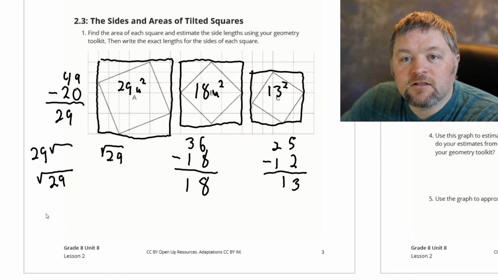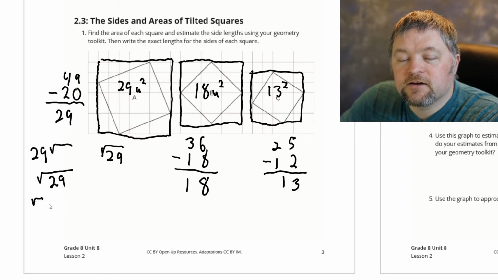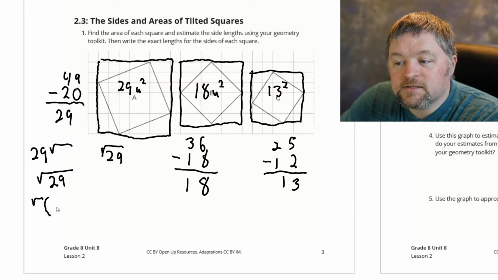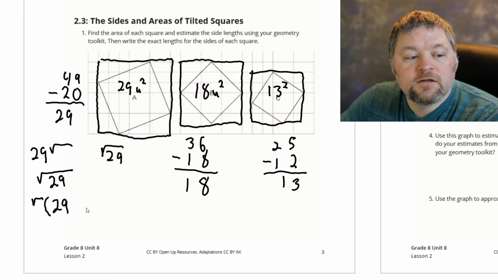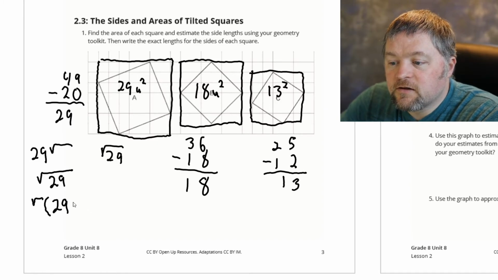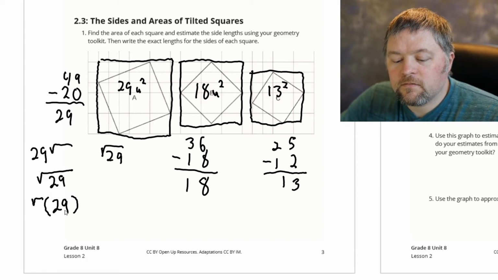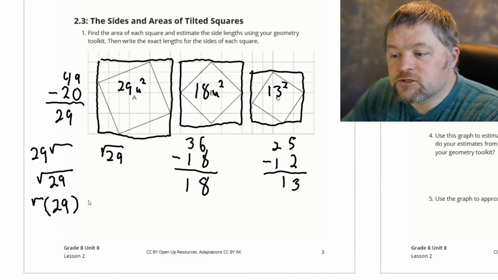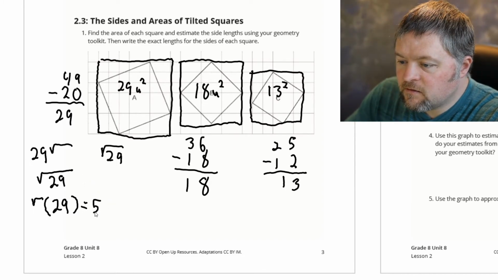What this will actually look like on your calculator when you type it in is the calculator gives you the square root symbol and then an opening parenthesis. So on your calculator, you can type in 29, and the square root of 29 is 5.38.